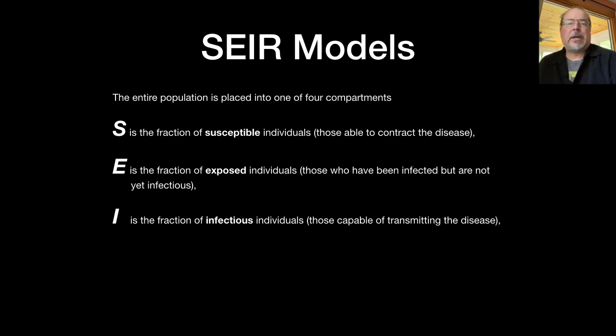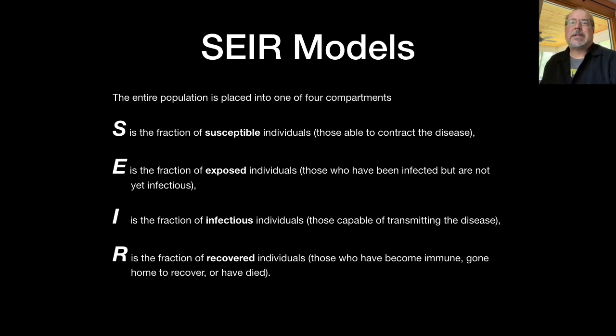They will be spreading the disease to other S individuals at the rate determined by the R that we're using in the model, the growth rate. The R in the SEIR model is referring to recovered or removed individuals. These are individuals that are no longer going to be susceptible to the infection, but they're also no longer spreading the infection.